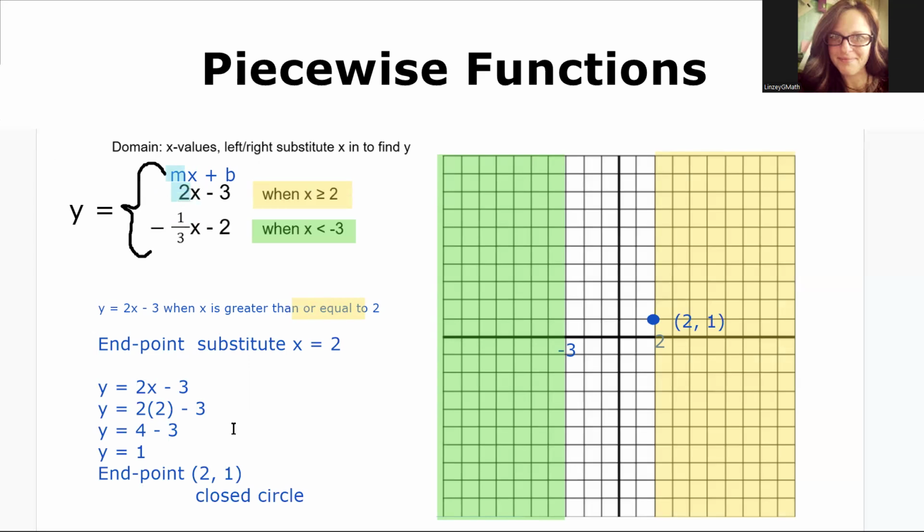So we will go up 2, and to the right 1 to get a couple of points on this line. Up 2, to the right 1, up 2, to the right 1. This is the first piece.